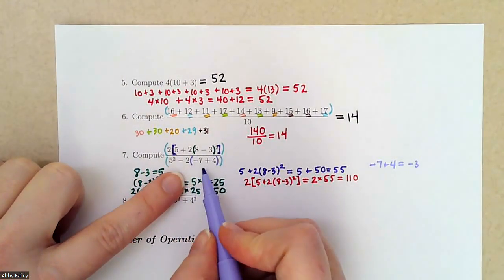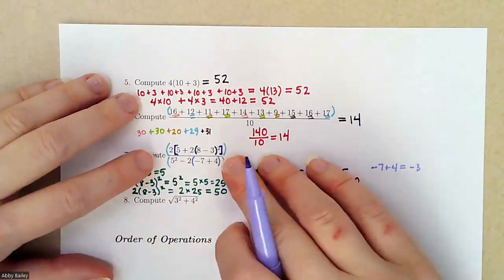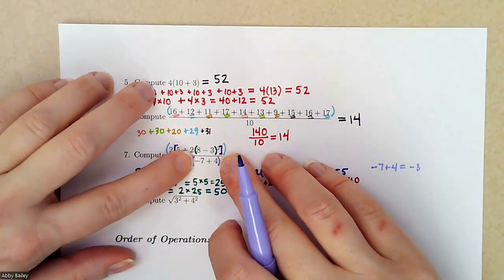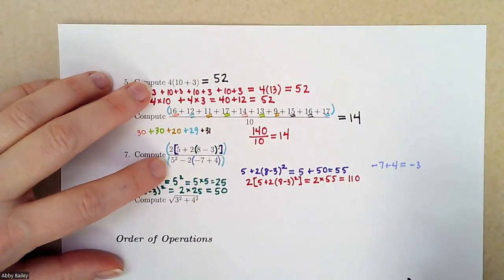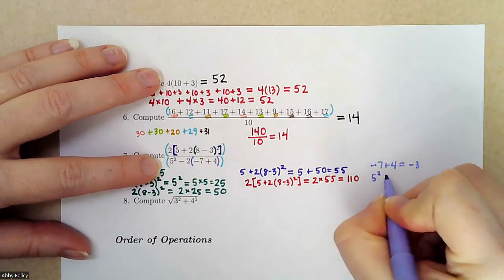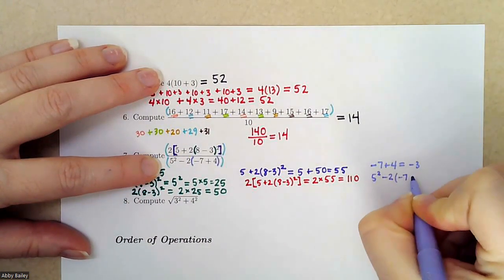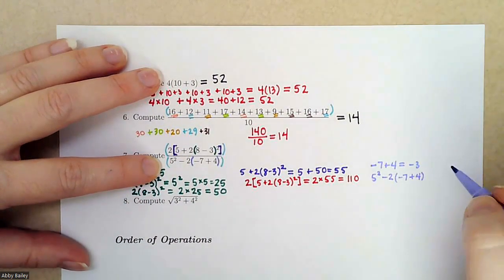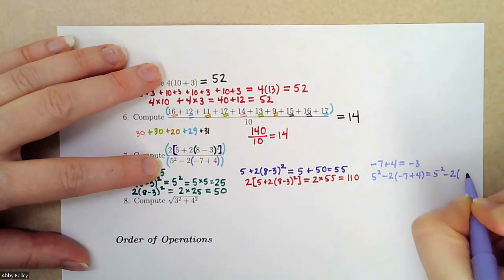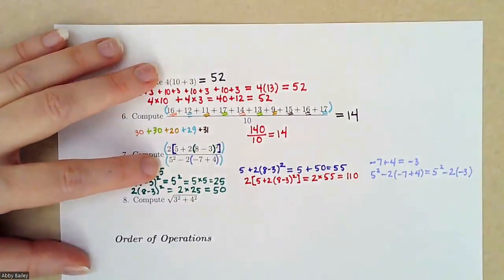Now we've taken care of the purple parentheses. And so now the next line is really reading 5 squared minus 2 times -7 plus 4, which is really equal to 5 squared minus 2 times -3.